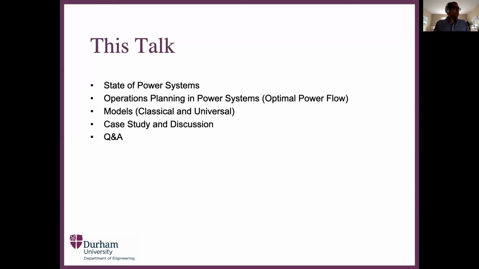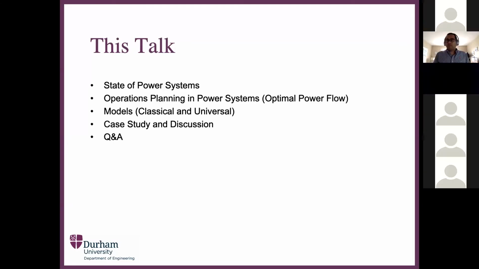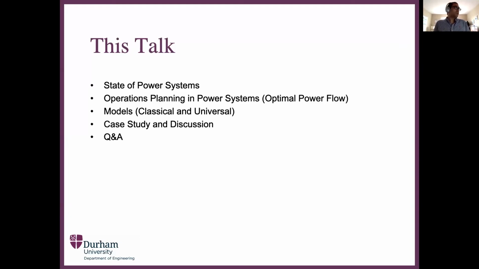So I'm going to basically give you an overview of the state of power systems, the way that we think is evolving at the moment, and is going to continue evolving in that direction. Then I'm going to briefly talk to you about operations planning in the context of power systems.